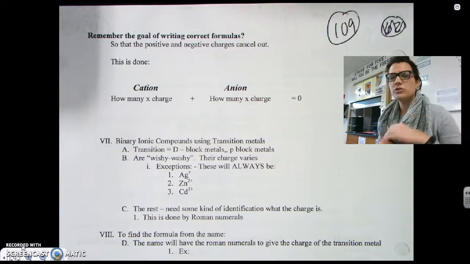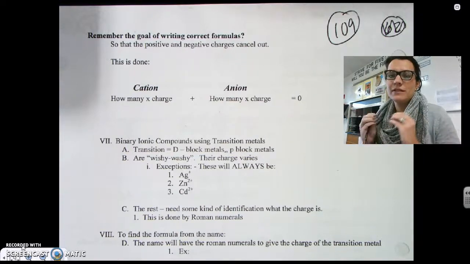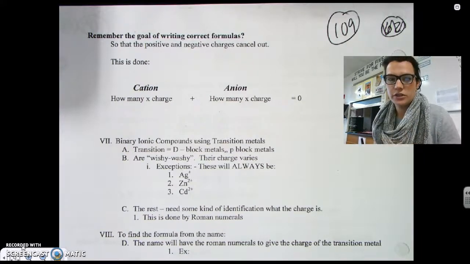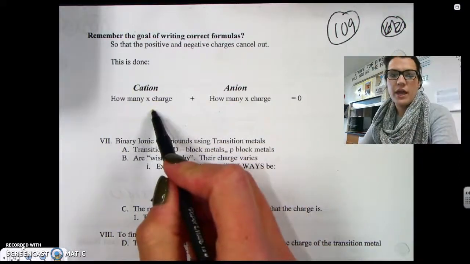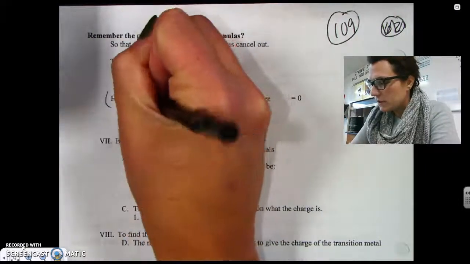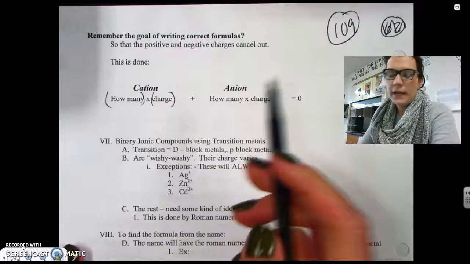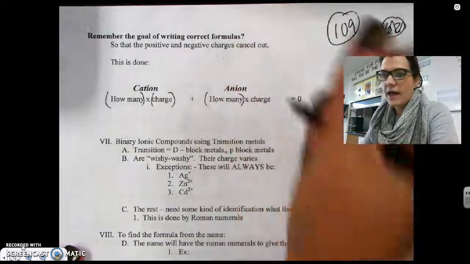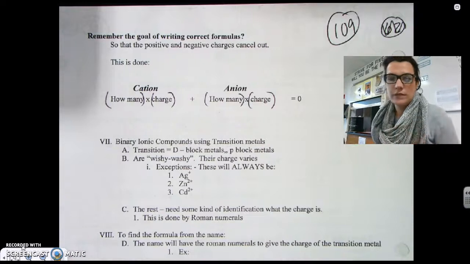Okay? So let's just remember a couple of things. When I'm writing a formula, I need to make sure that the positive charges cancel out the negative charges. Okay? So this is done by this simple equation. How many times the charge plus how many of that anion do I have, times the charge, that has to equal 0.